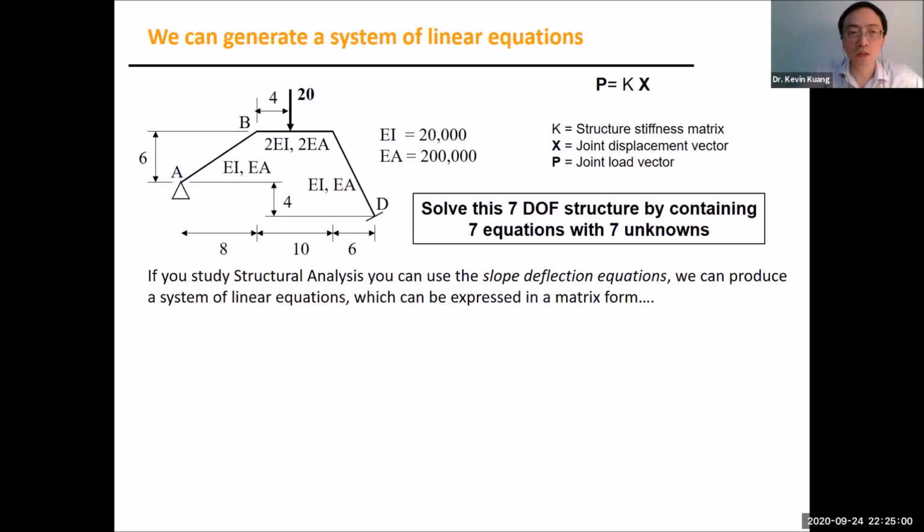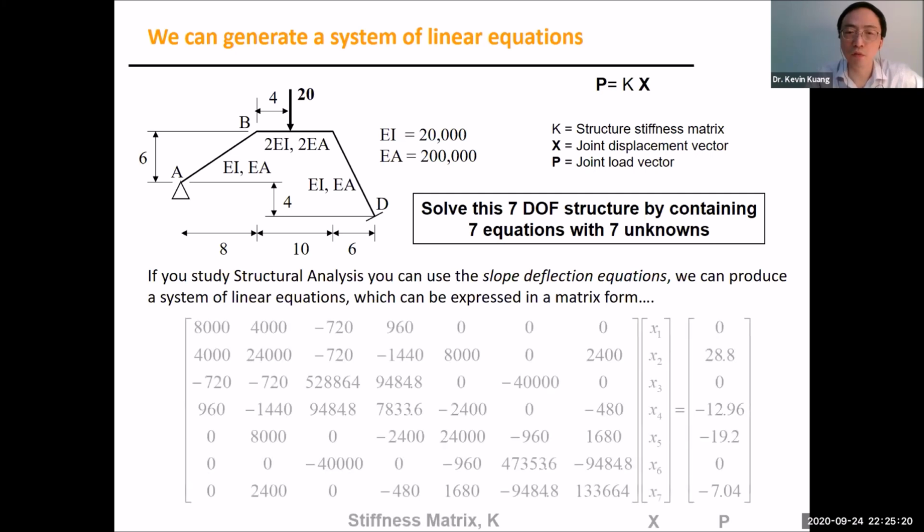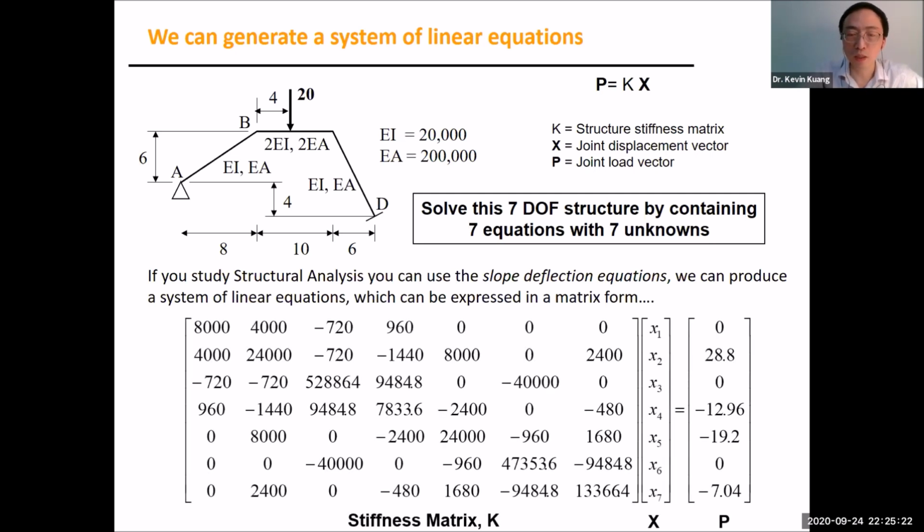Now, in civil engineering, the study of structural analysis and the use of slope deflection equations allow us to produce a system of linear equations to solve for the various displacements of nodes on this structure, for example. Frequently they are expressed in a matrix form like this.